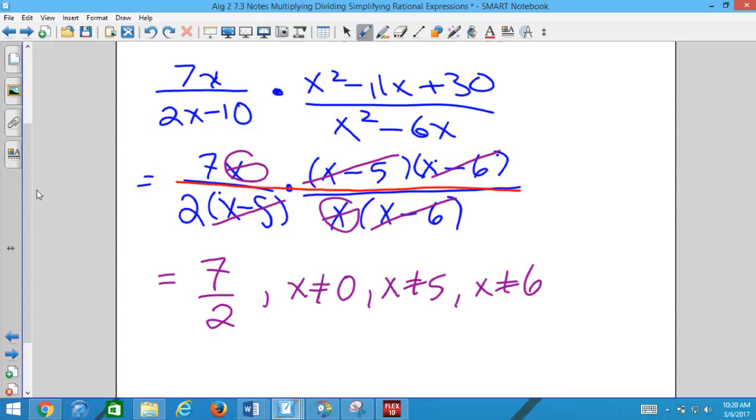Would you agree the number 7/2 does not have an x equals 0 in it? Right, because it doesn't have an x at all. So in order to say that these are completely equal, you have to have those exclusions. It's basically what you canceled out that's not in the denominator of the answer.